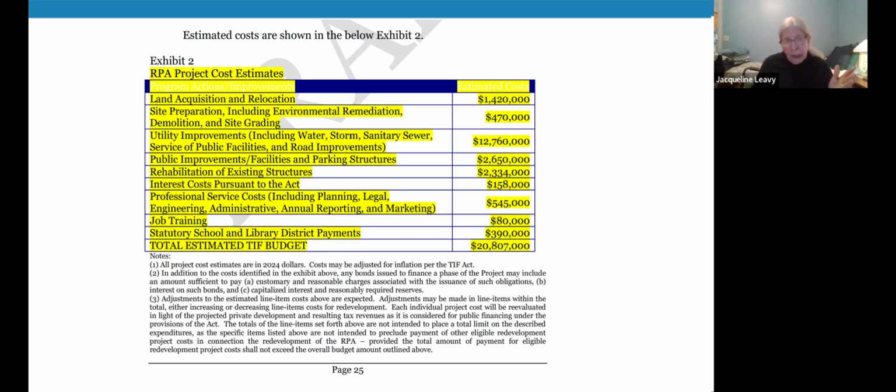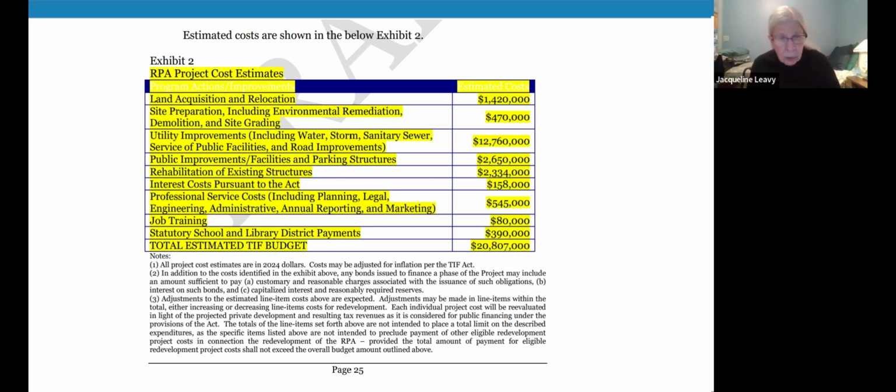They're forecasting being able to have that $20.8 million budget because the consultants are forecasting that the overall property value, the EAV, in that North TIF District #1 is going to more than double in value during the 23 years of the TIF.